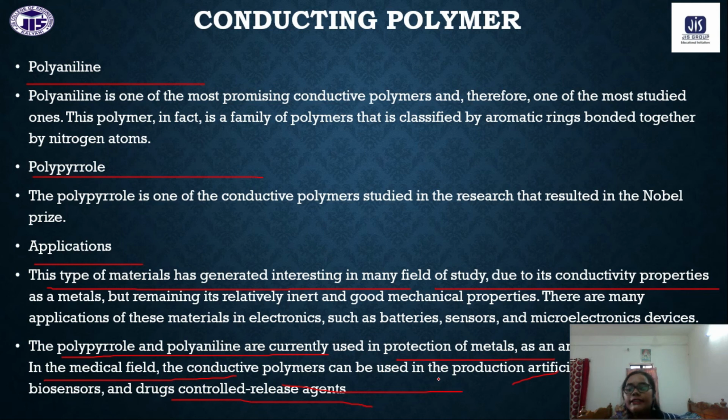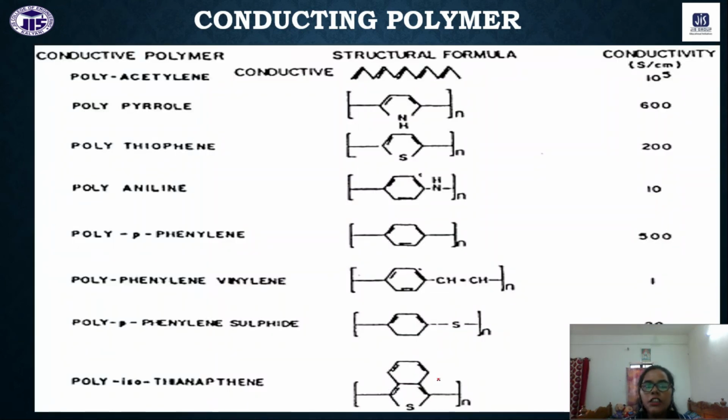So these are some of the fields where conducting polymers are generally applied. Okay, now you can see here polyacetylene. Look here, we have alternate double bonds, right? So these alternate double bonds are responsible for the conductivity nature. Polypyrrole, again the alternate double bonds.